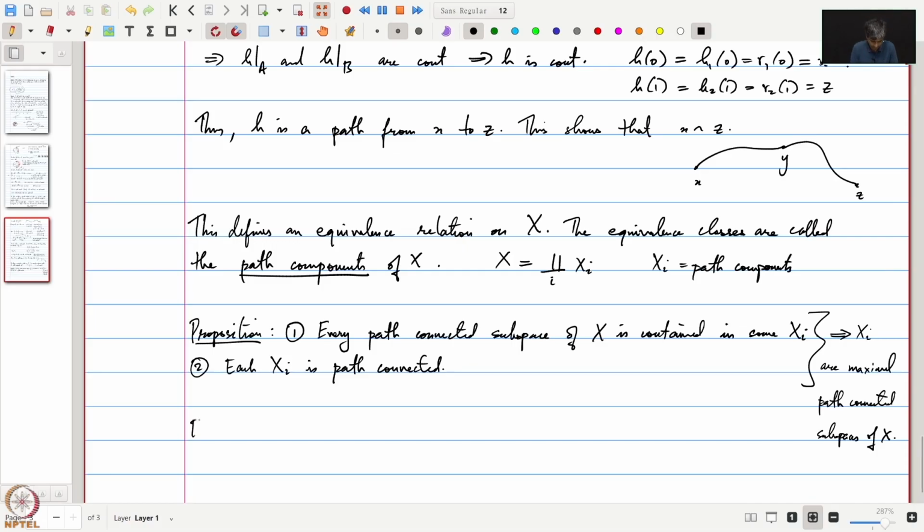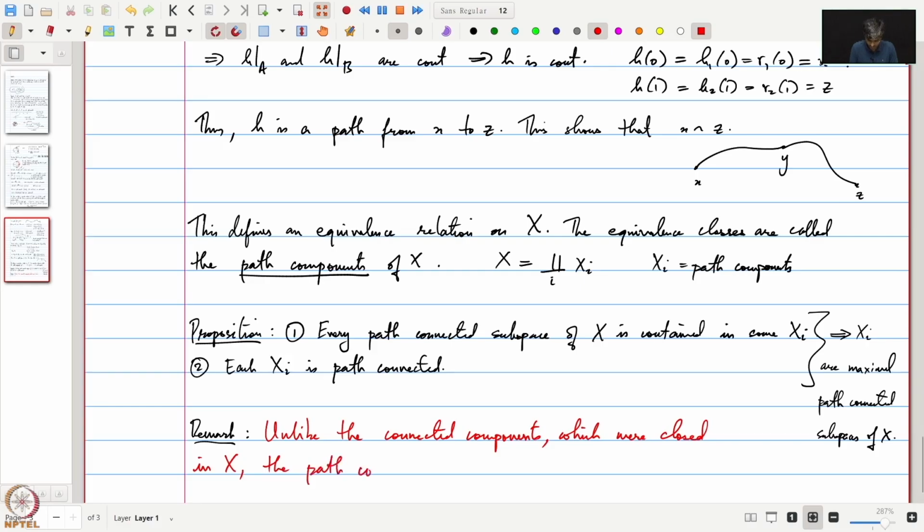So, remark, this is an important remark: unlike the connected components, which were closed in X, the path components need not be closed. So we will end this lecture here.